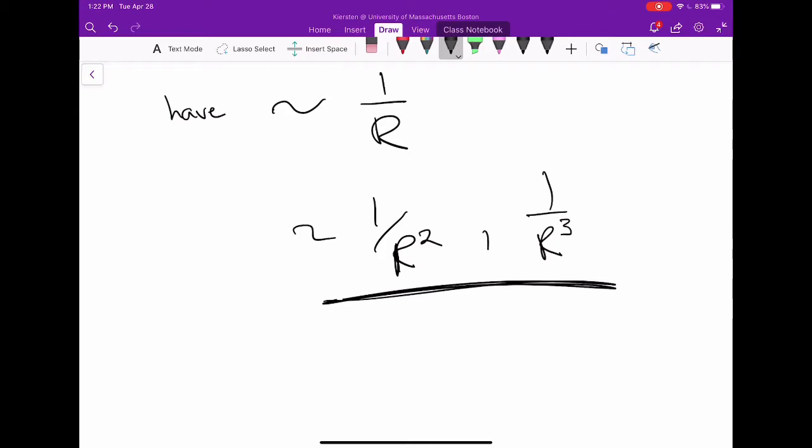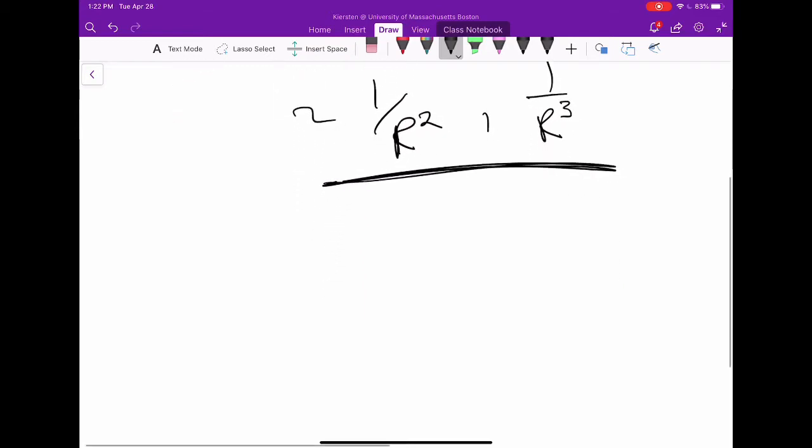The reason for that is, if you want to talk about the total power radiated by a source, what you do is you calculate E cross H. You do 1/2, and you take the real part.